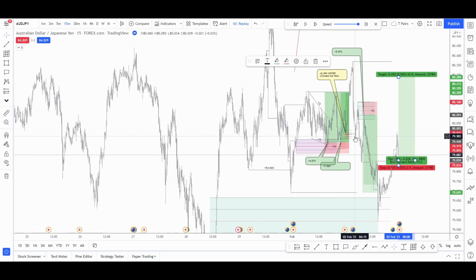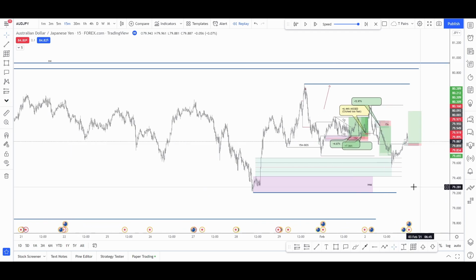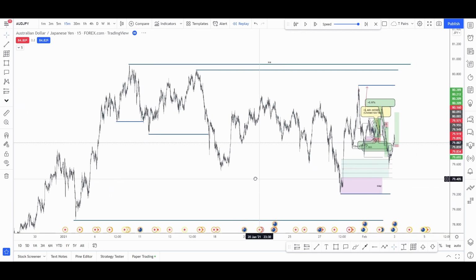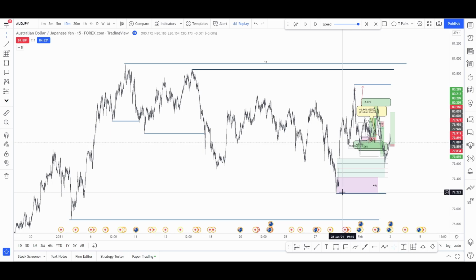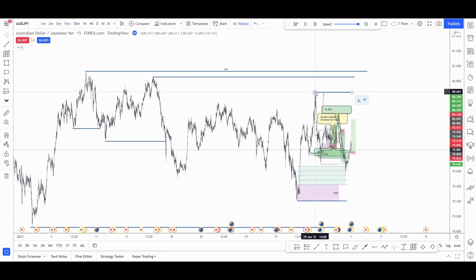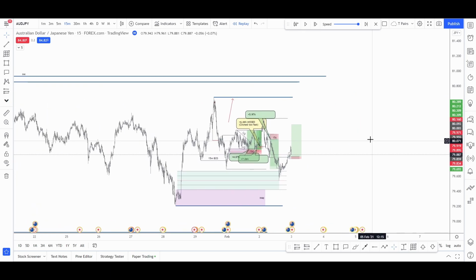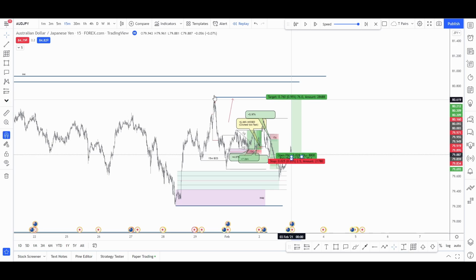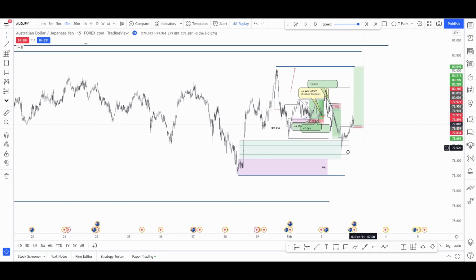But in terms of this range which we're in, this grand old range between here and here, we want to be targeting this. There, we want to be targeting that.